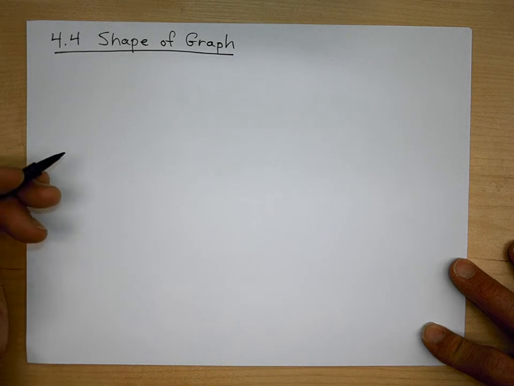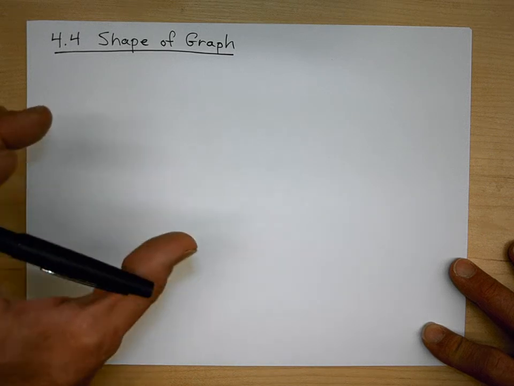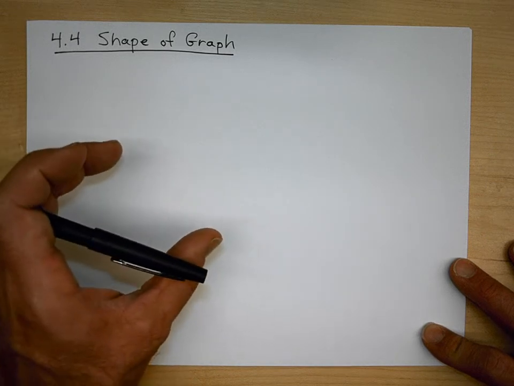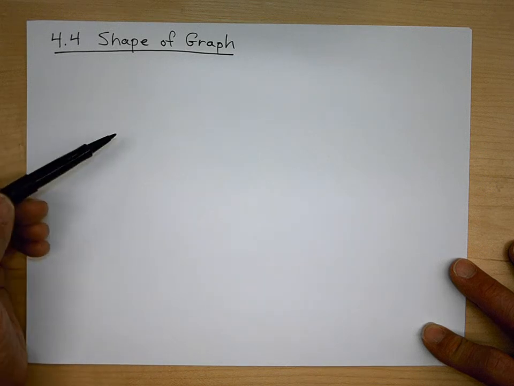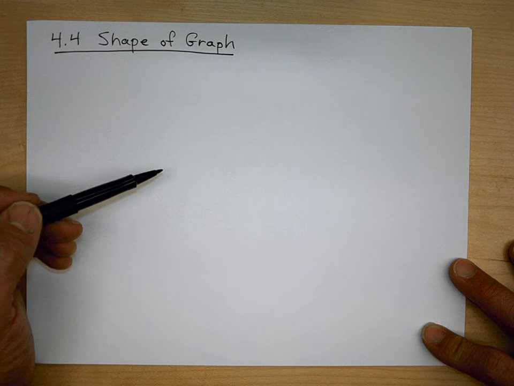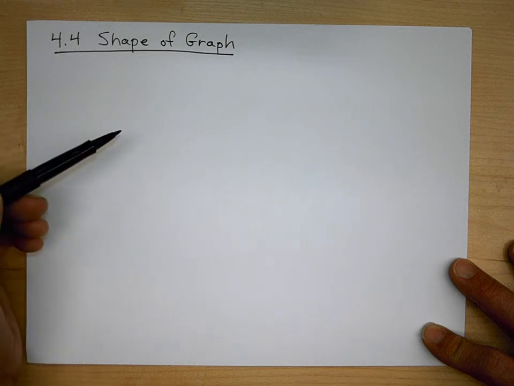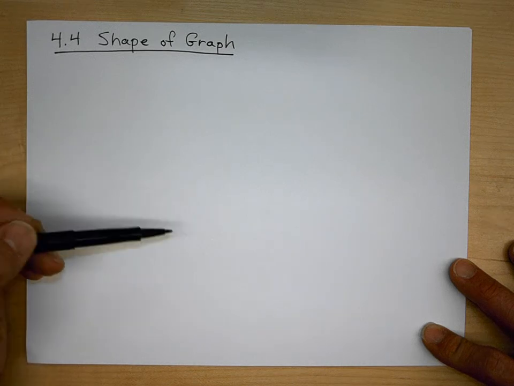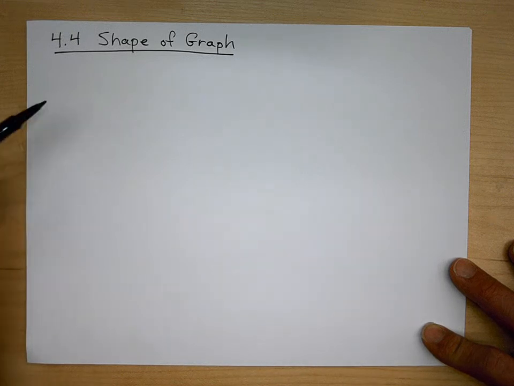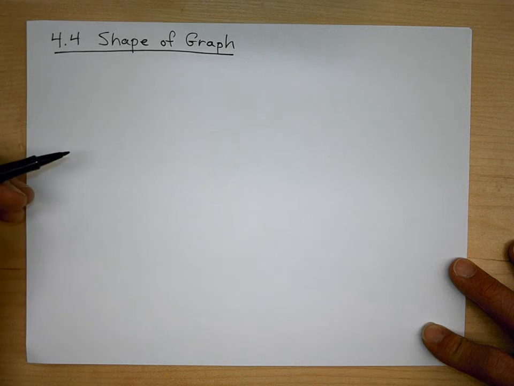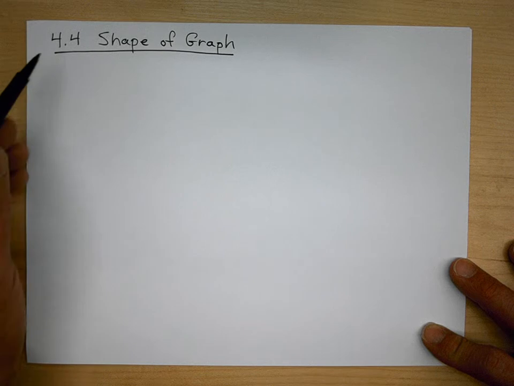We have lots of technologies that can do that, but the ideas embedded here, the relationship between a function and its derivative and its second derivative, and what that means for points of maximum or minimum, are important. We'll see this especially when we get into 4.6 and talk about optimization problems, where we use calculus to find the maximum or minimum of a function. That's where I think these are of more practical value.